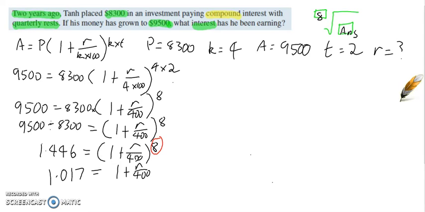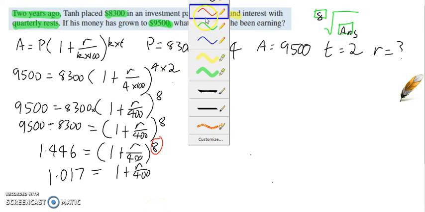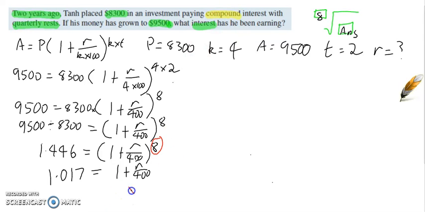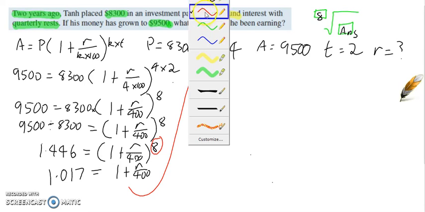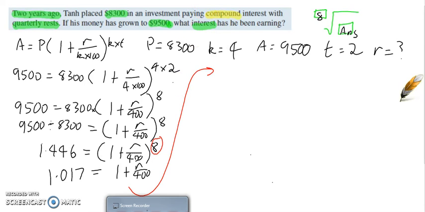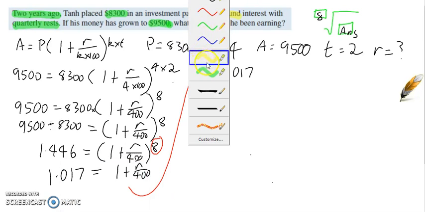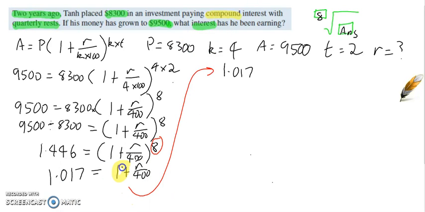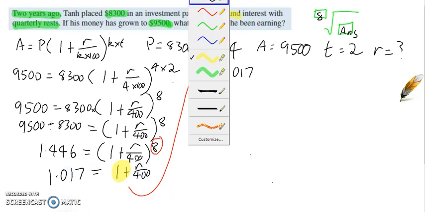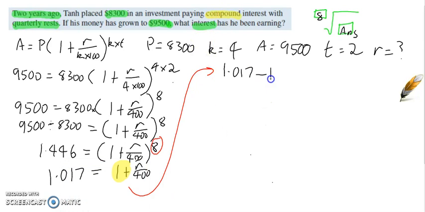Okay, so we're getting close. I know it's a very long question. We're going to keep going, but obviously I'm running out of board space, so I'm going to start writing up here. Okay. So the next thing I need to do is get rid of the 1. So I end up with 1.017. Now it's plus 1 down here, so I'm going to have to do the opposite, which is take 1.